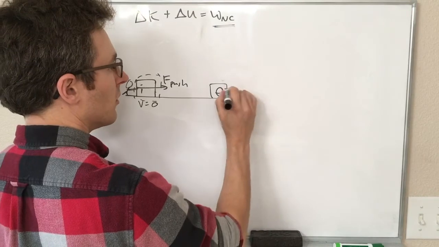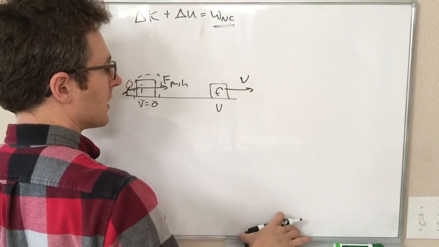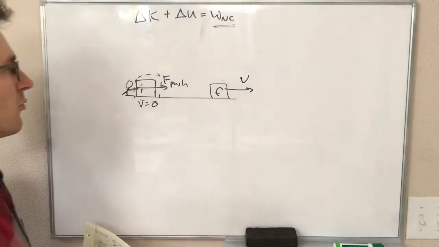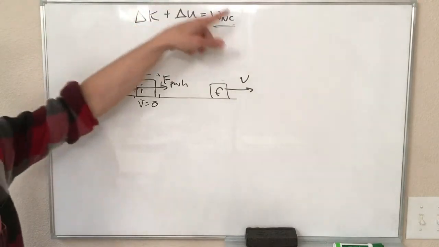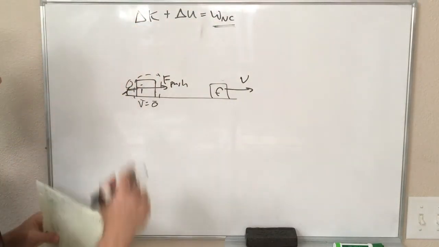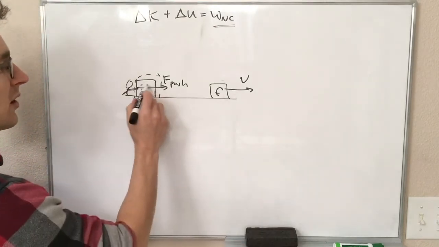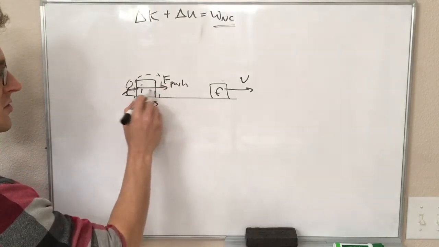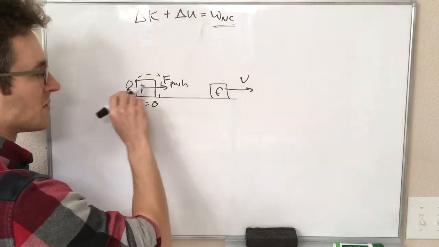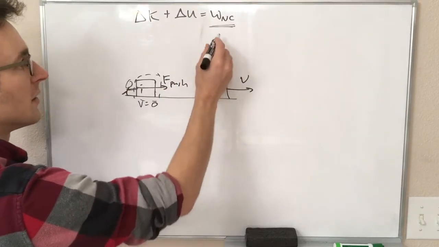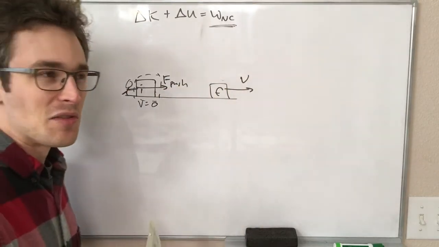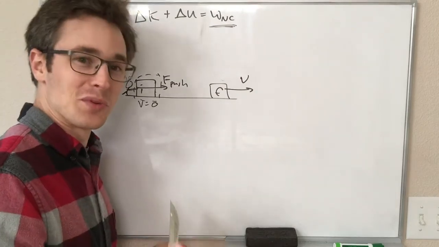It ends with some kinetic energy. And so if we think about this in terms of energy conservation, this person is doing work on the block. They're adding energy to that situation.